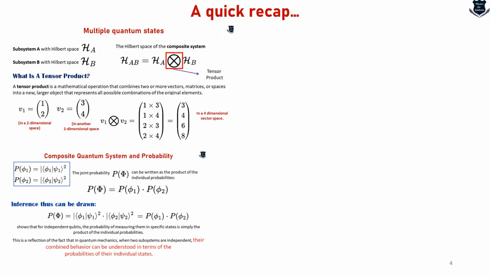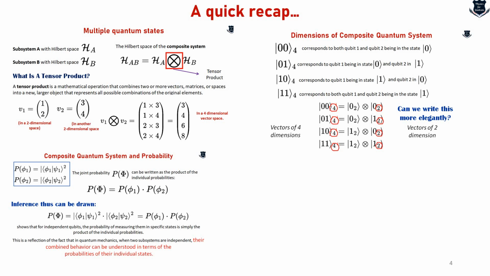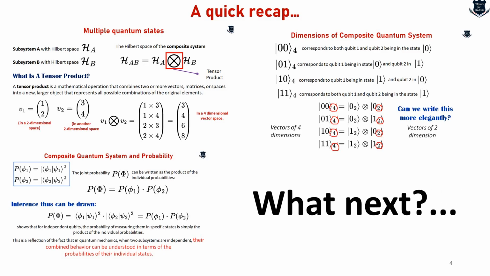We also looked into the concept of a composite quantum system, what tensor products are, what probabilities can be drawn, and what the different dimensions are that are derived from a composite quantum system. So the question comes: what is next?